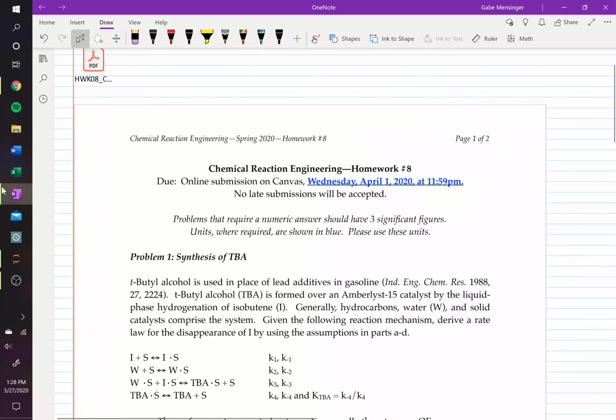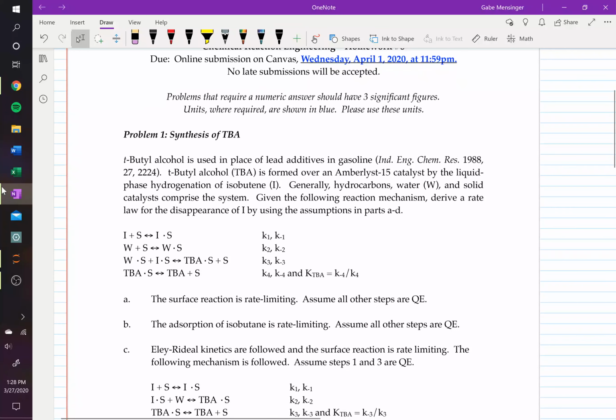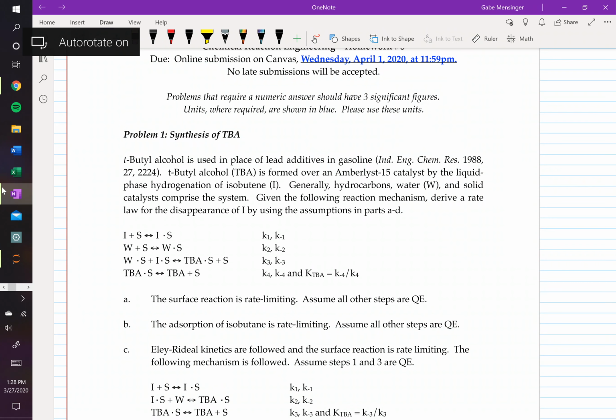All right. So this is a shorter homework. Problem 1. We're given this mechanism for creating tert-butyl alcohol, or TBA. And it is a catalyzed reaction. We want to find the rate law for the disappearance of I by using the assumptions in parts A and D. So we want minus RI.